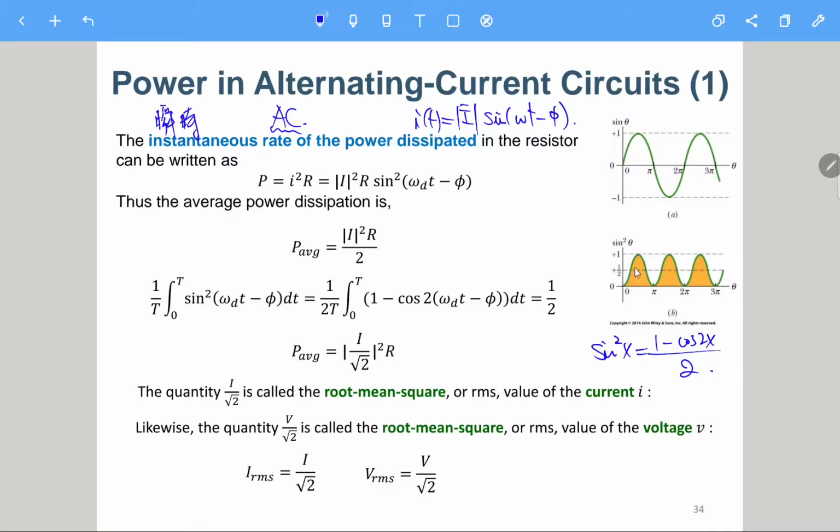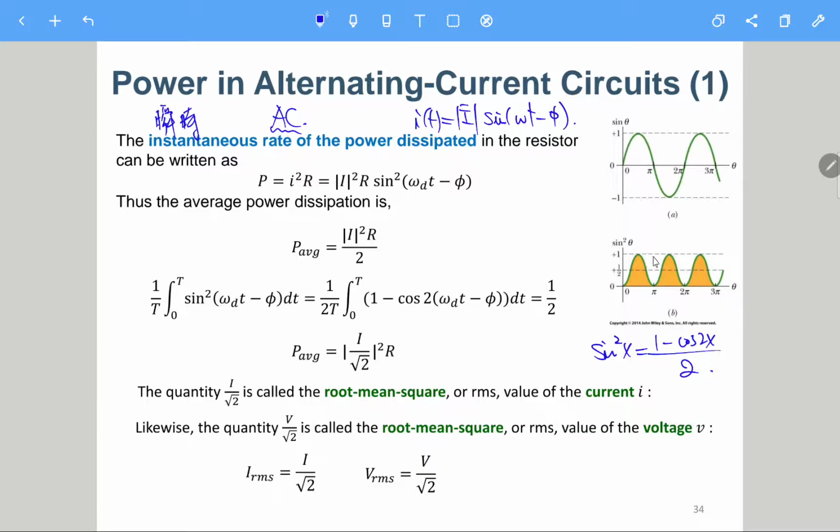Some of the time the instantaneous power is maximized, as this one is 1, so it will be I squared R, but it only appears for just a moment, and it will be mainly between 0 and 1, and then multiplied by this factor. And the interesting part is that when we take the average, it is only half of it.